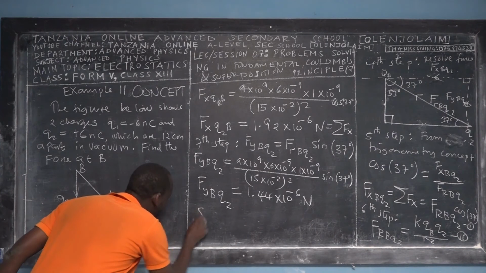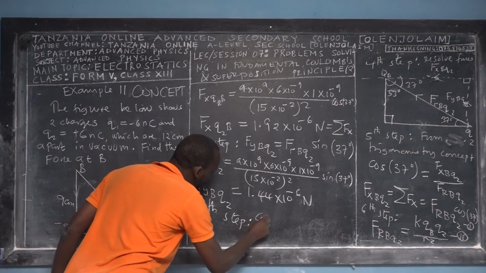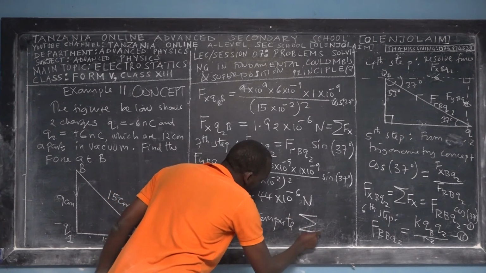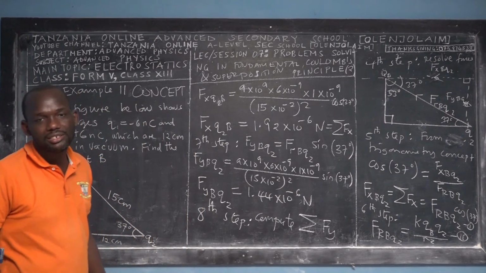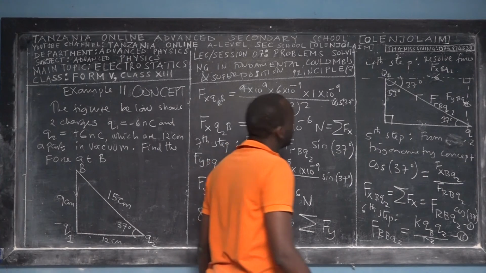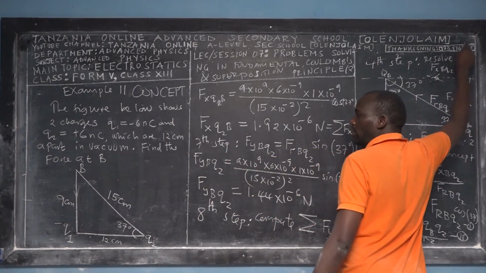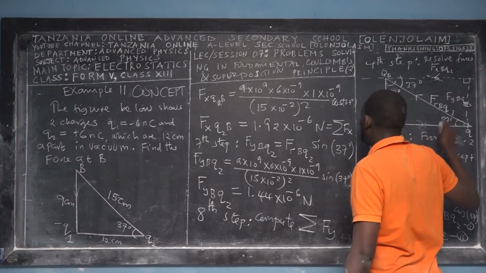The eighth step. We have now to compute the summation of vertical components of force, F_y. How do we find it? First of all, we have to know the directions of these vertical components.